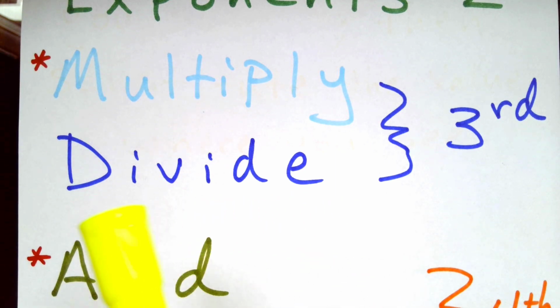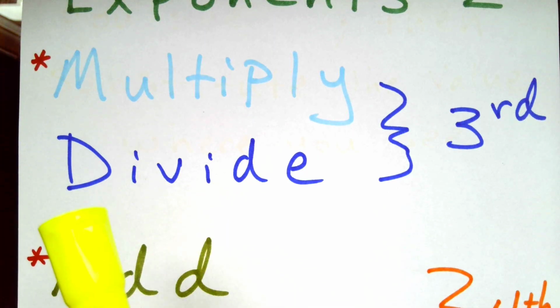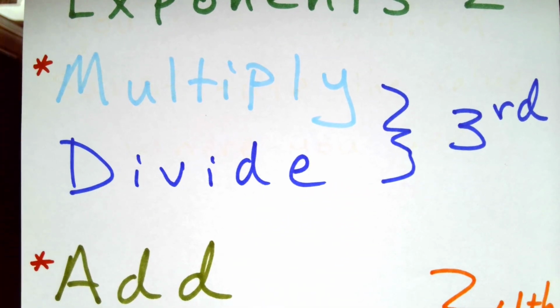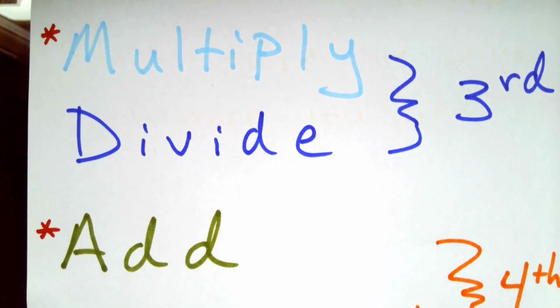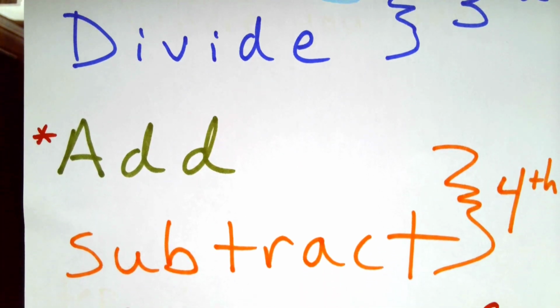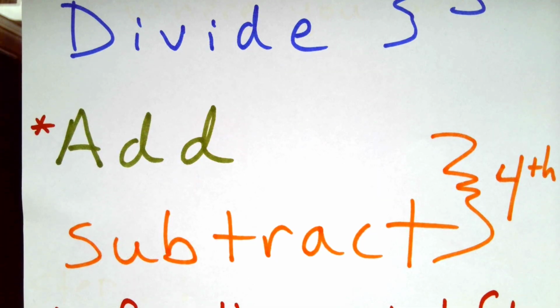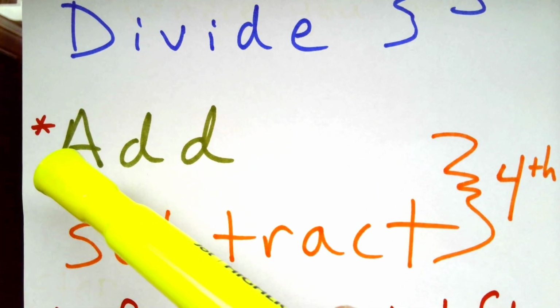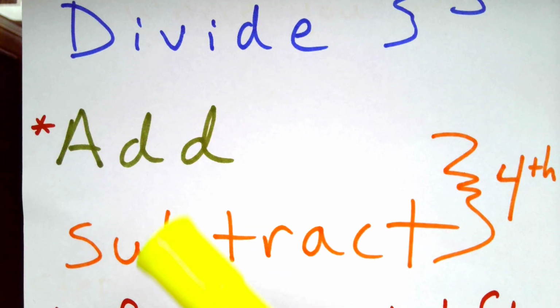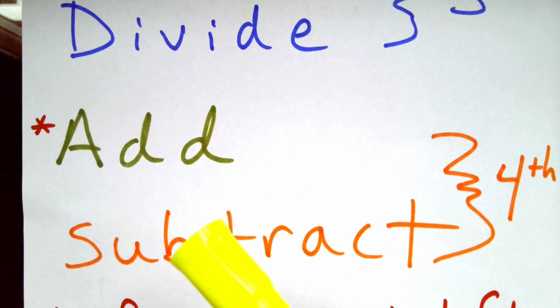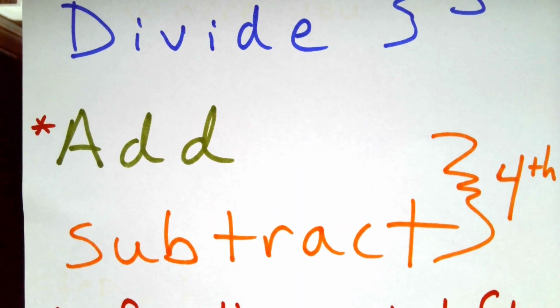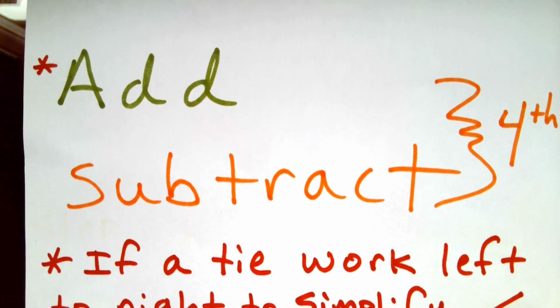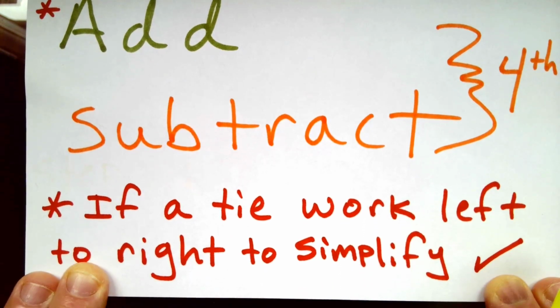Or if it's divide, then multiply, moving left to right, you simplify that way. And of course, fourth is add or subtract. Again, if it's a tie, add or subtract is the last few steps remaining in simplifying. You move from left to right, adding or subtracting in order from left to right.